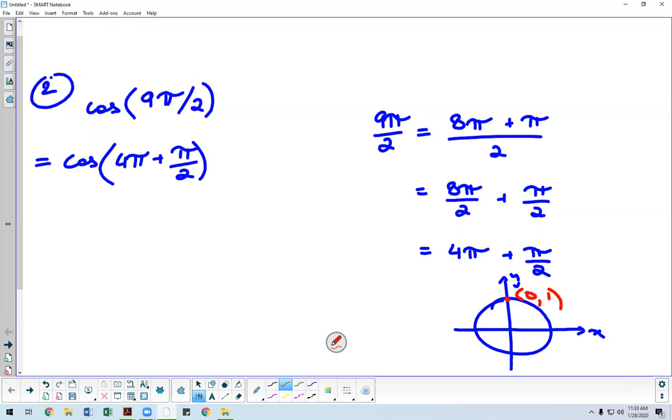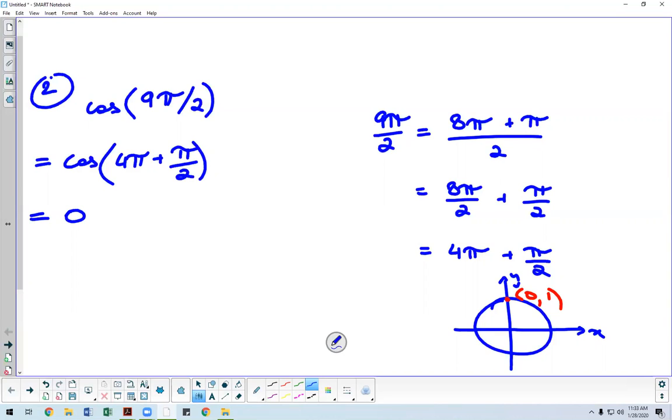So we know cosine is the first coordinate, sine is the second coordinate, so that means our cosine is going to be 0, exactly. So that's what the value of this comes out to be. We're just basically falling back on those standard values that we have in our unit circle, and then using the idea of this period to simplify our numbers, because if you're just coming around 2 revolutions, then there's no reason to do a big calculation on that.